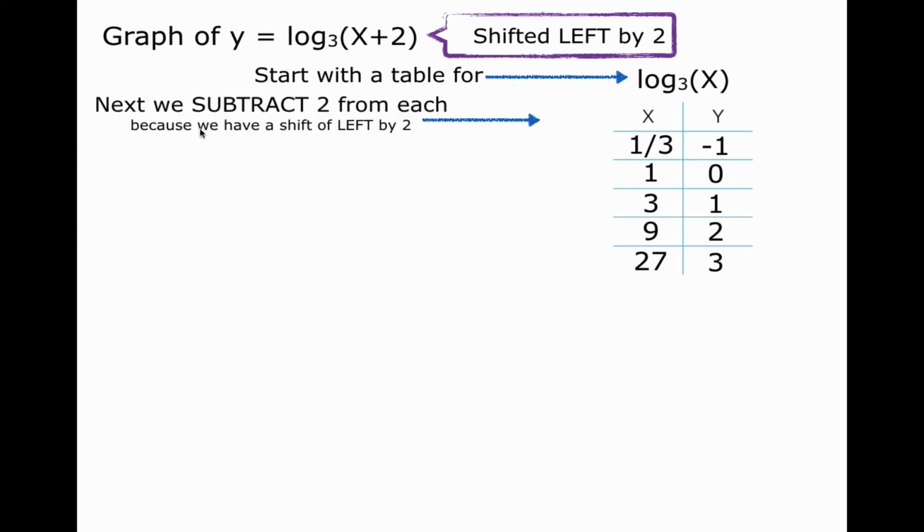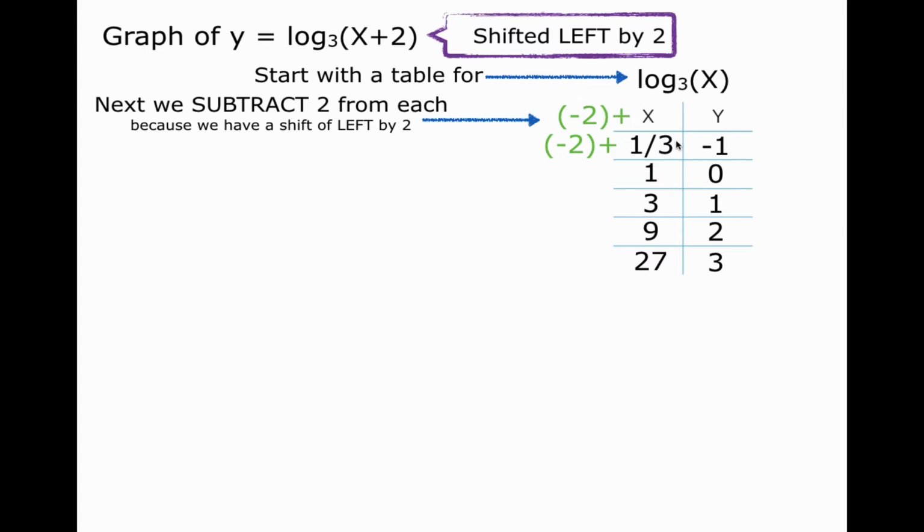All right, so here's where it's tricky. Next, we subtract 2 from each of our x's because we shift left by 2. So we're actually modifying our x values. These x's relate to these y values, but what's happening is we're shifting everything left by 2. So we're reassigning the x at 1/3 to 2 less than that, which is now equal to our normal y value. This should feel comfortable. You've done this in like 8th grade or something like that.